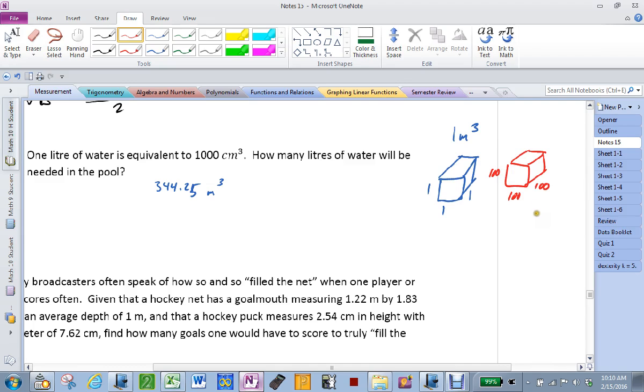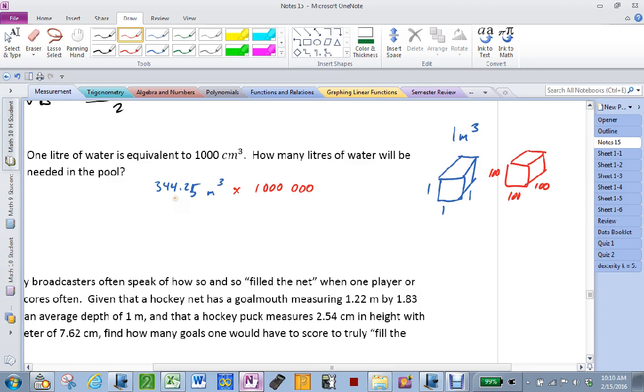Will it help if I put my finger here and say it in a funny voice? 1 million centimeters cubed. Right? So 1 meter cubed is 1 million centimeters cubed, yes? So to convert this to centimeters cubed, I must multiply by 1 million.